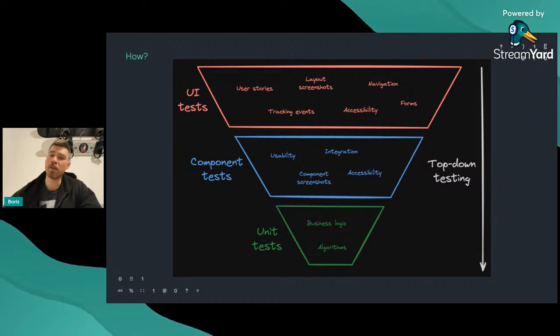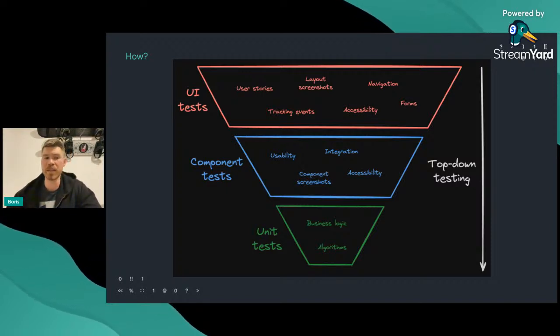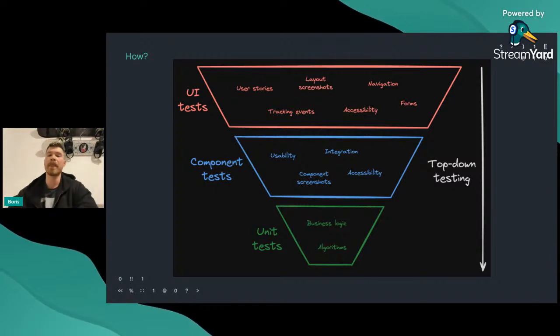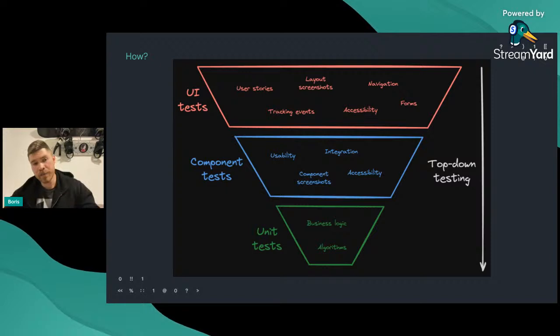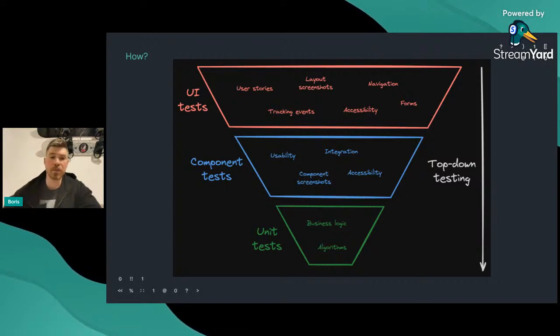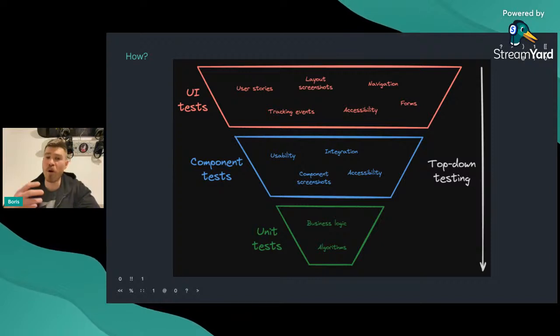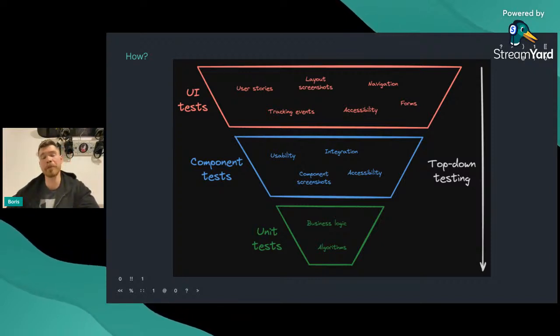It's accessible, navigation of the application works, and forms can be submitted. High-level things like this. These are coarse, broad tests. And if all these pass, it's already a very good display of the overall quality of our software.